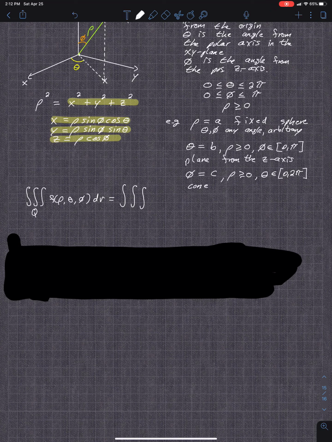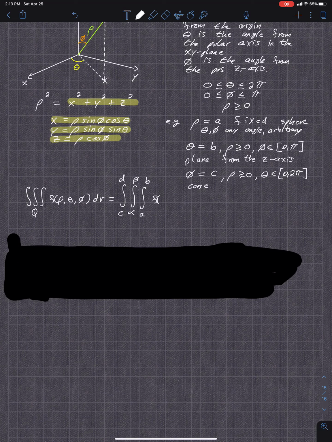And so you're going to get this extra integration factor like before for polar, but it's not just r, so you'll see. So you have rho goes from a to b, which of course may be functions of phi and theta later. Then the order doesn't matter as much, but usually we go theta next. So theta goes from alpha to beta, just like polar. And then phi, we'll say, goes from C to D.